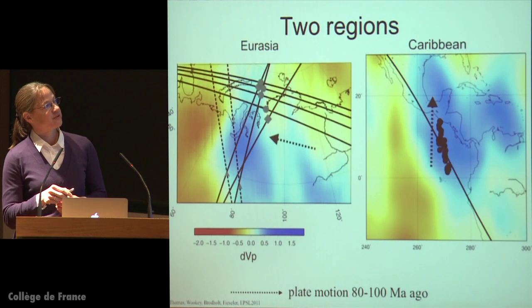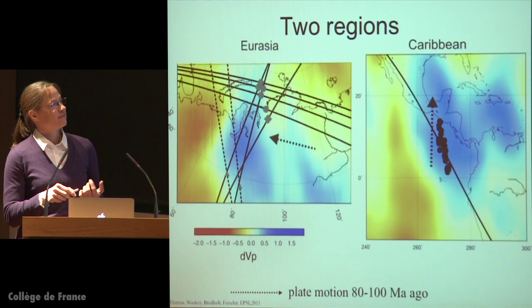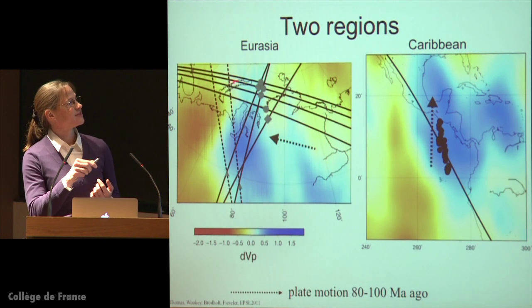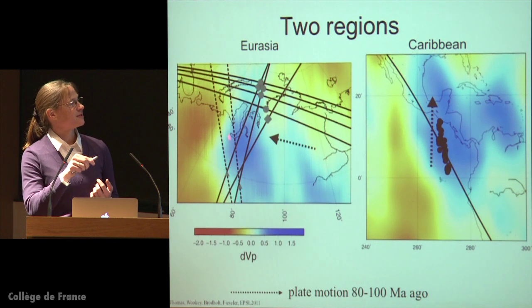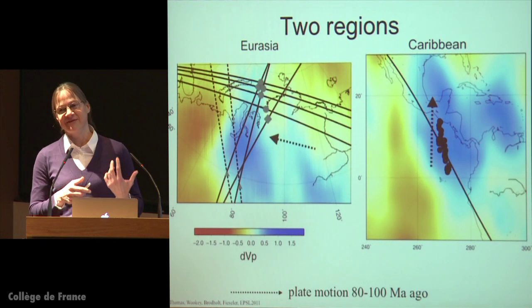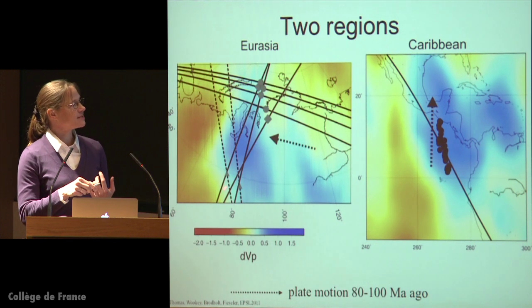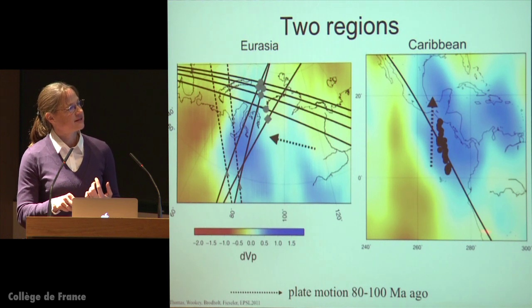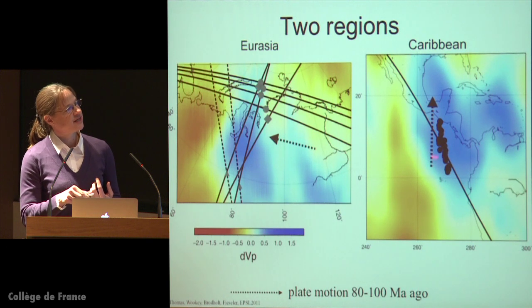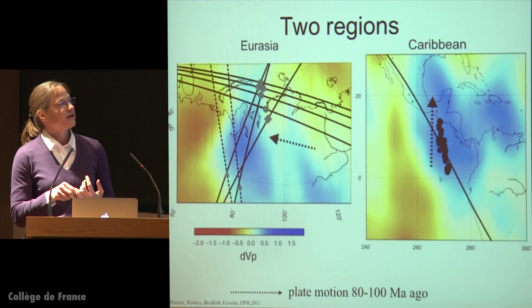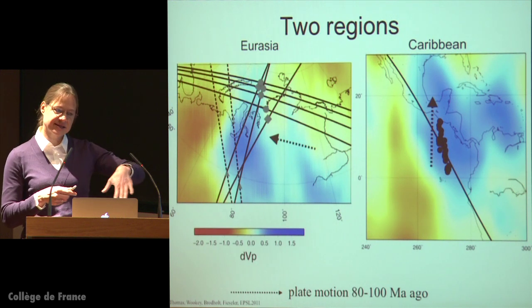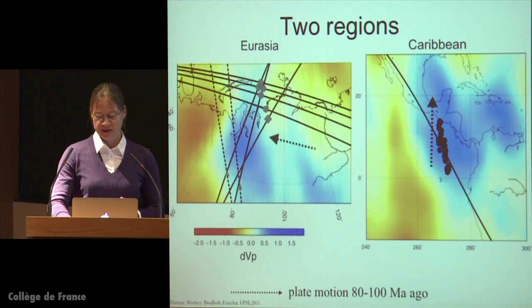And the difference between those two regions for me was that you have, well, these are the travel paths, north-south and east-west, and this is the 45-degree path, and admittedly it reflects in a different region. But it's still in this high-velocity region. And for the Caribbean, this is the path, and I've also shown here the plate motion for 80 to 100 million years ago, basically looking at how the plate has gone into the lower mantle.